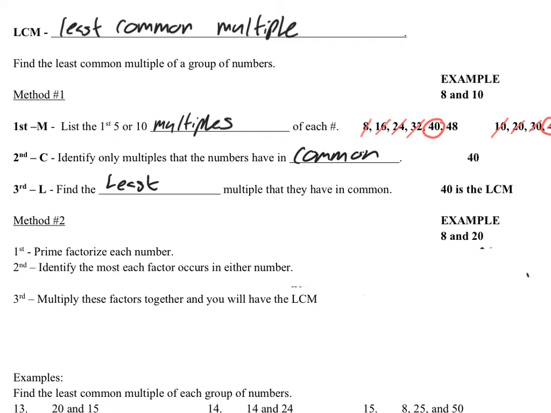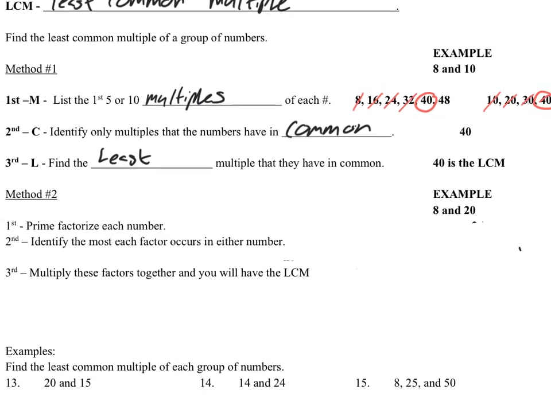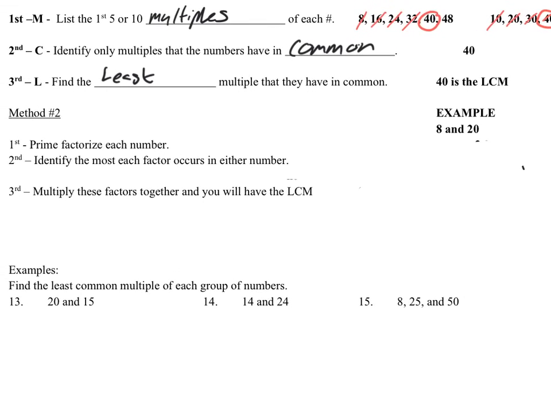Now the other way we can do this is very similar to what we did with GCF, which is to use our prime factorization. So we're going to find our prime factorization. 8 is equal to 2 times 2 times 2. Again, you could do a factor tree or you could divide out.